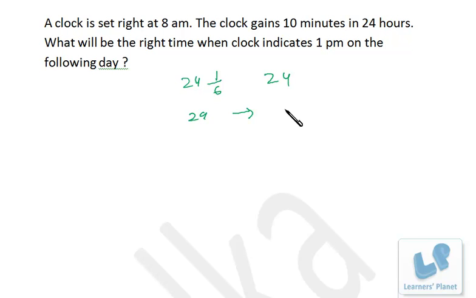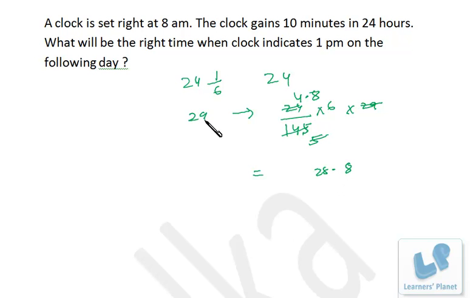Then how much time will the right clock move? It's 24 1/6, that's 145/6, and this is 29. So that's 6 into 4.8 hours, 6 8s are 48, 6 4s are 24, plus 4, 28.8 hours.